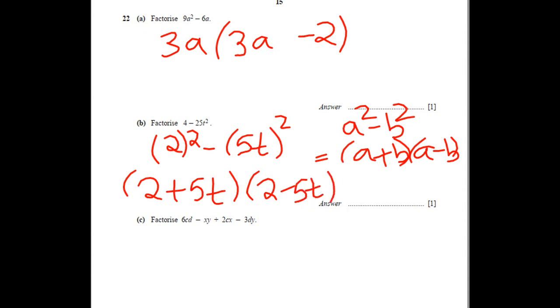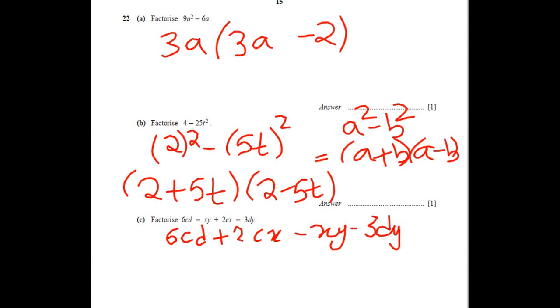Part C, factorize this. In the first, we will group these into two parts. In the first two expressions, we can't take anything common, or can we? No, we can't. We will have to rearrange this. So let me check. 6cd plus 2cx minus xy minus 3dy. So it's still the same expression.